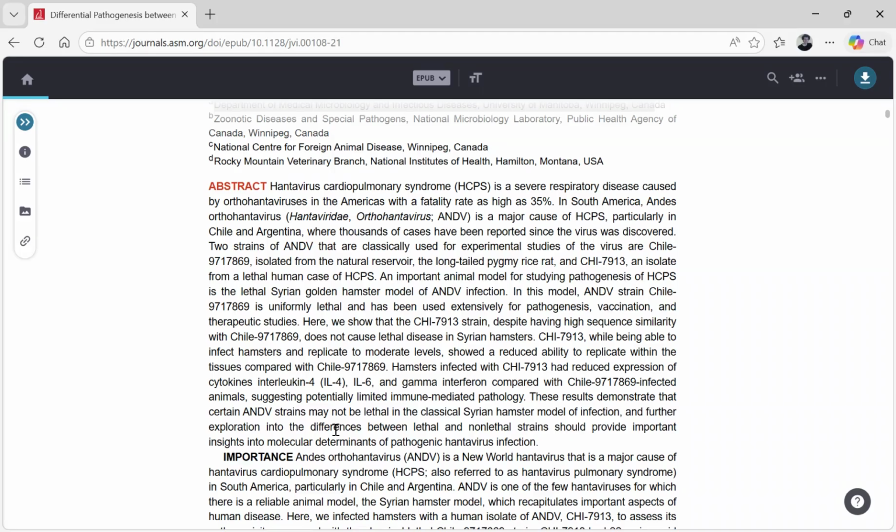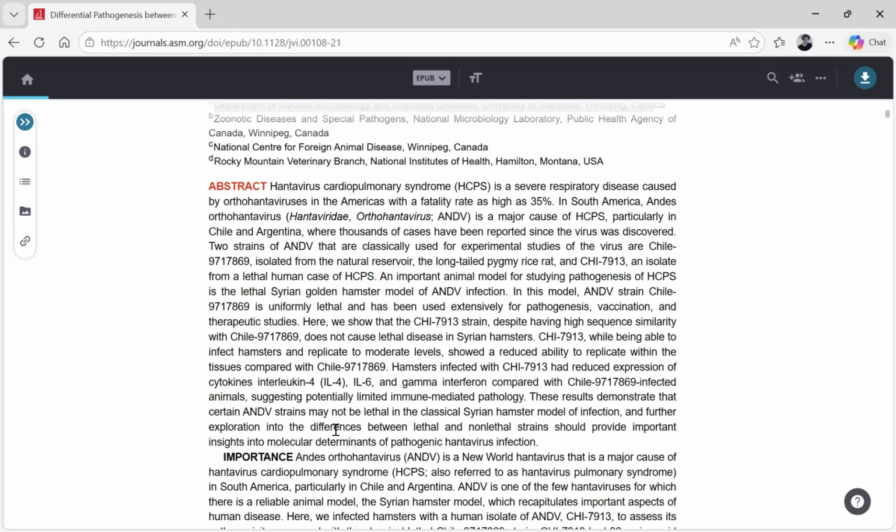Okay, let me continue. Hamsters infected with the CHI-7913 had reduced expression of cytokine interleukin 4 and interleukin 6 and the gamma interferon compared with Chile 9717869 infected animals. So there was a reduced expression with CHI, which was the human lethal Andes virus that was isolated, compared to the natural reservoir of the Chile 9717869.